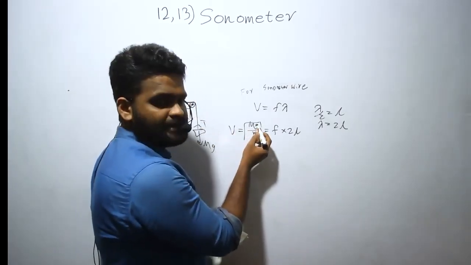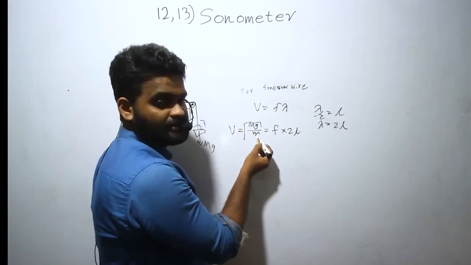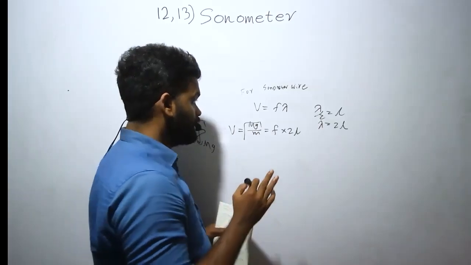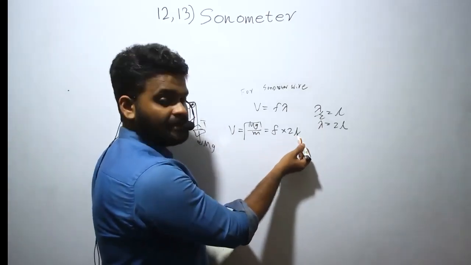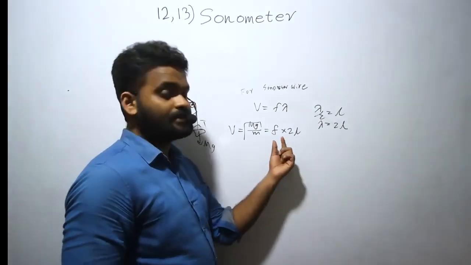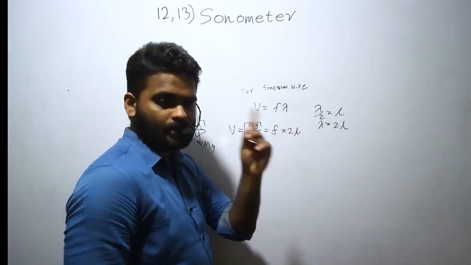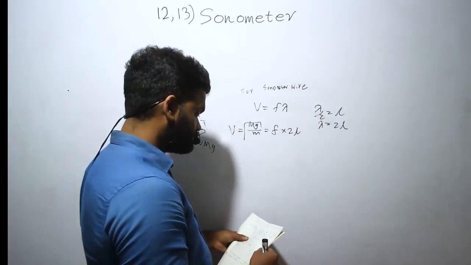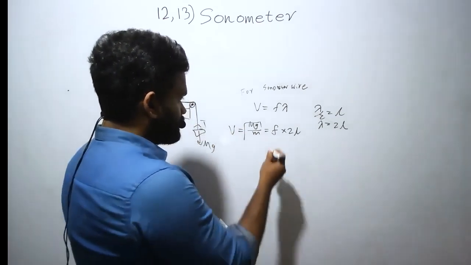But since we are in this practical, we are not going to change any of these. We are not going to change the velocity, the load, any of them. We are going to change simply F and L, frequency and length. So in order to change the frequency, we are going to need a set of tuning forks, not just one fork, right?